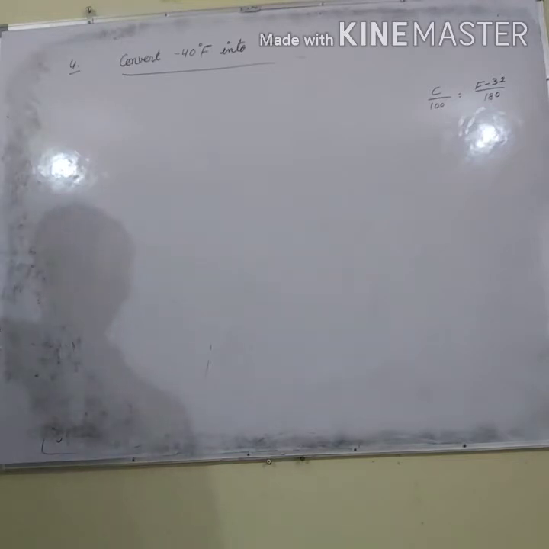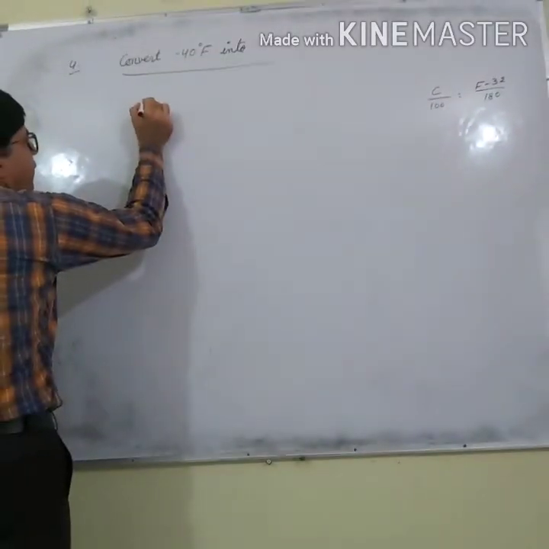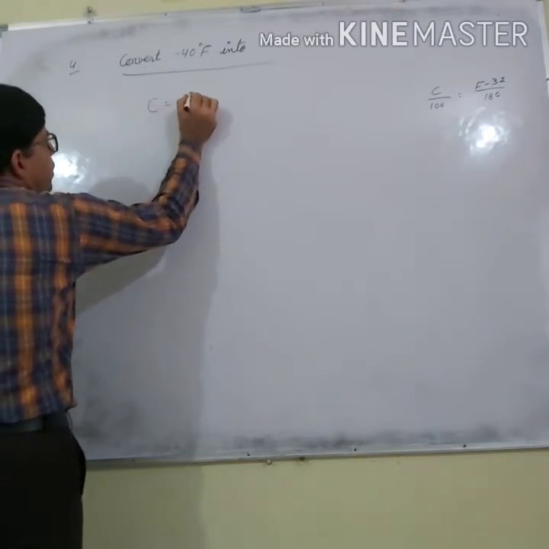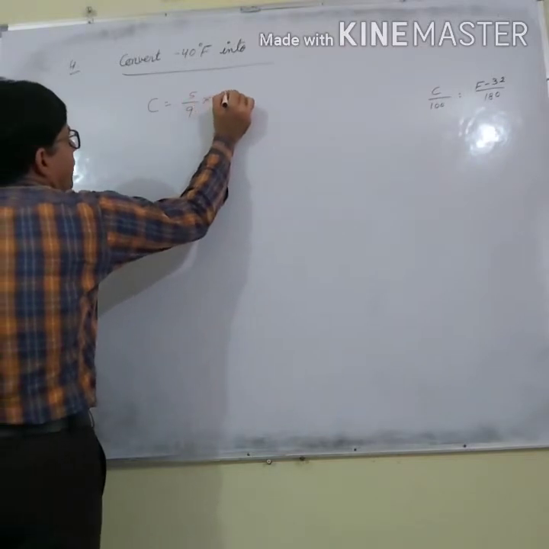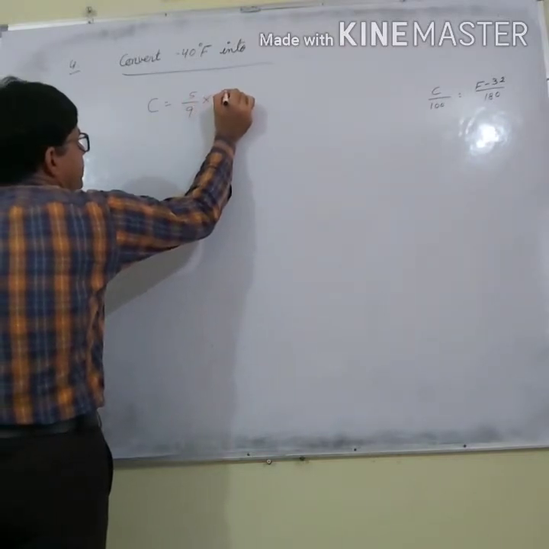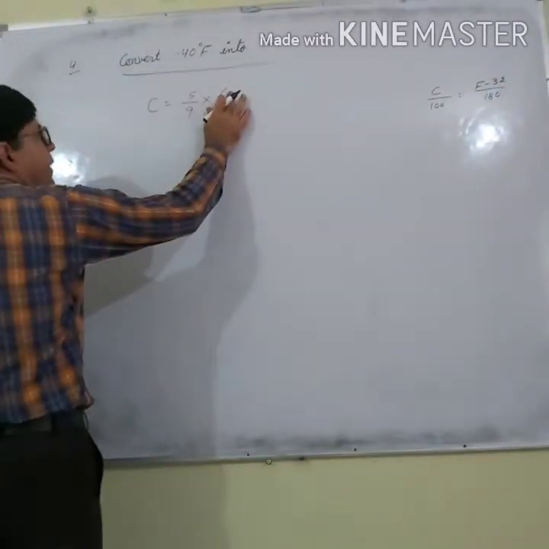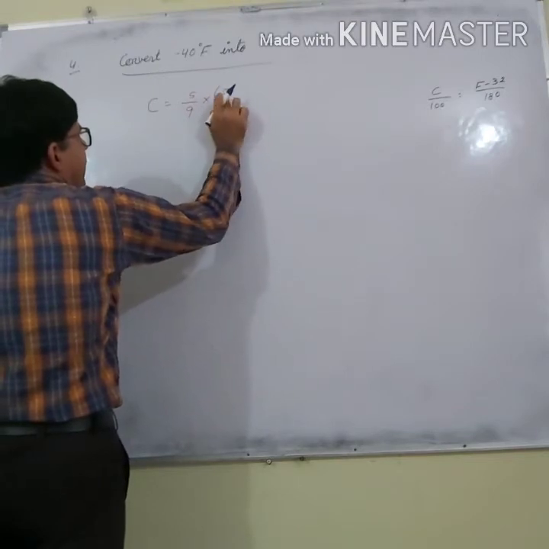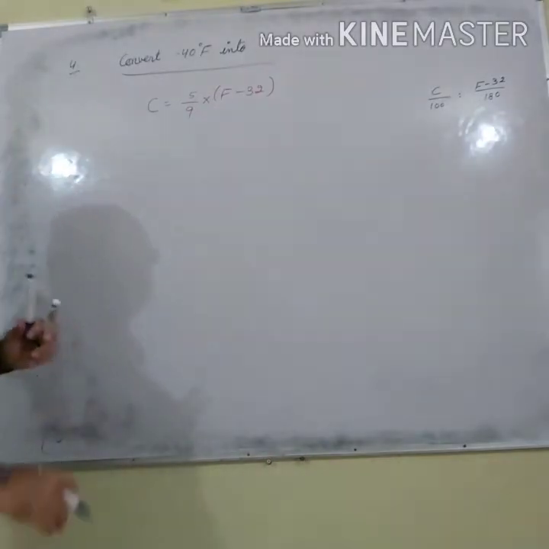So let's use the formula. Formula is C equals 5 by 9 multiplied by bracket start F minus 32.